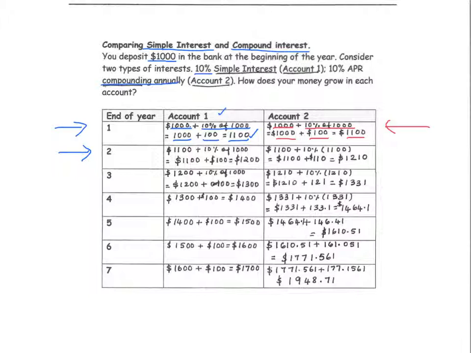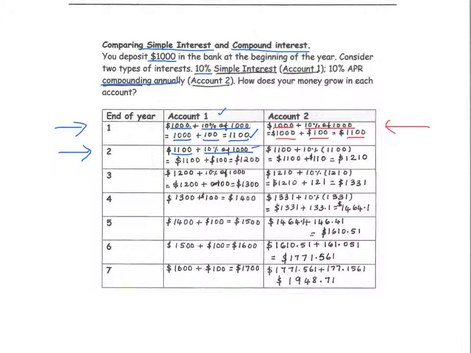At the end of the first year, we have $1,100. What gets added on, and here we need to be careful, is 10% of $1,000. It is not 10% of the existing amount in the bank, but 10% of what we started with in the bank.